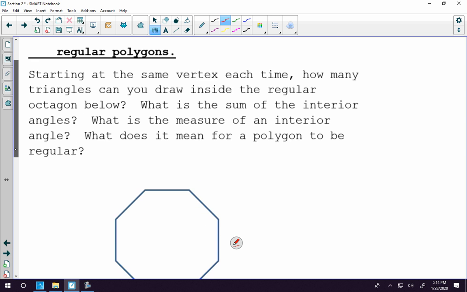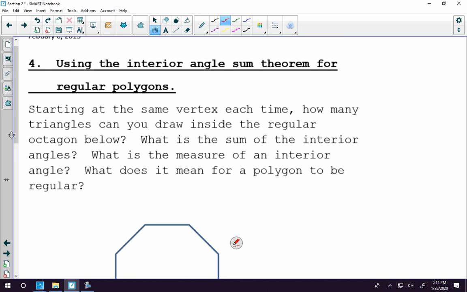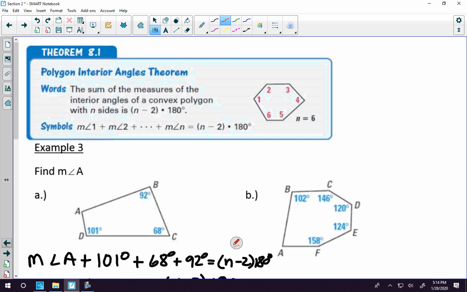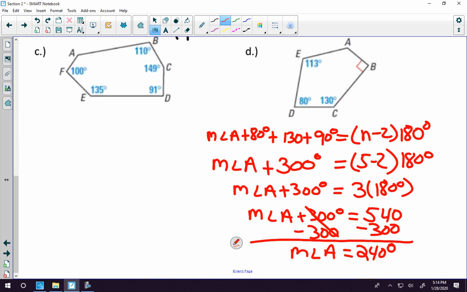Okay. Now, listen, objective 4 is using the interior angle sum theorem for regular polygons. So basically, if we go back here to this page and you understand what we're just doing, we'll just focus on D here. These convex polygons were not regular.